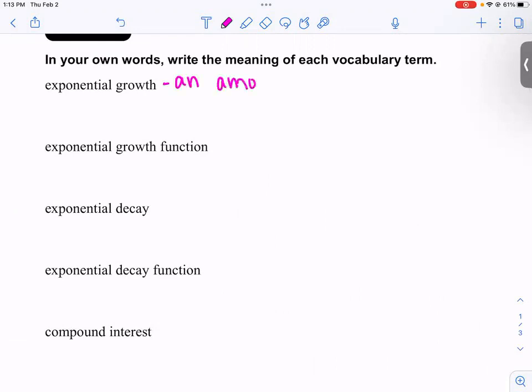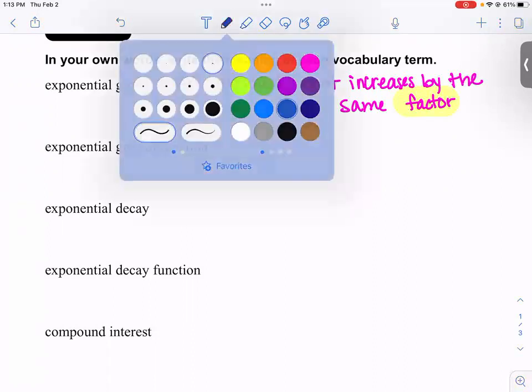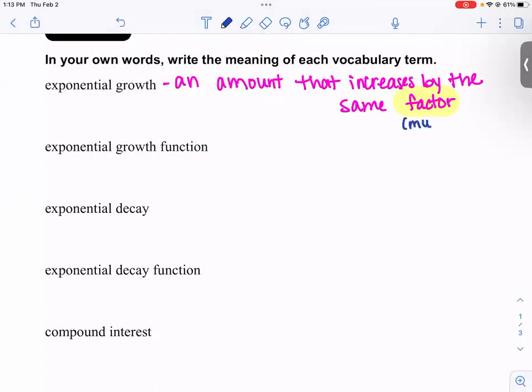is an amount that increases by the same factor. Now, I know that you're still kind of new to some of this vocabulary, but when we say factor, that is another word for multiplication.